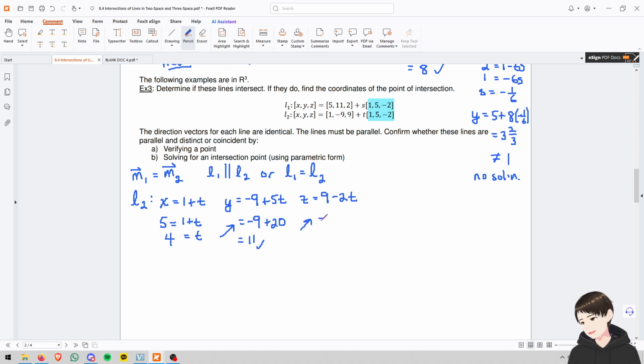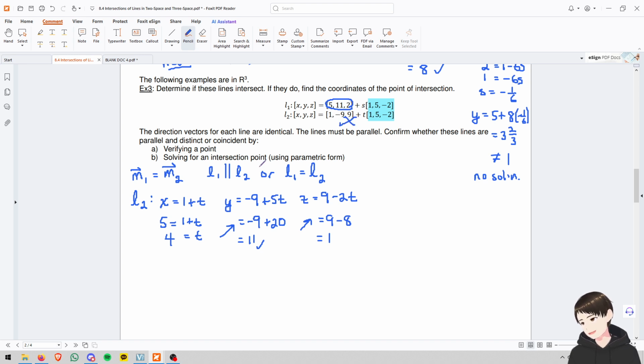Let's try z. If I plug in my t, I get 9 minus 2 times 4, that's an 8, and I get a 1. Uh-oh, I'm supposed to get a 2. So when x is 5, y is 11, but z is 1, not 2. In other words, the point that is found in L1 is not found in L2.